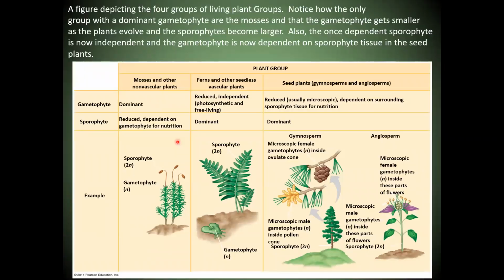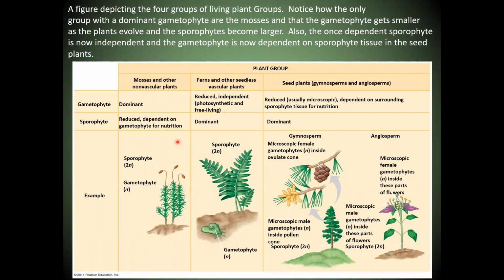So this picture is depicting the four groups of living plants that we have covered so far. And notice how the only group with the dominant gametophytes are the mosses, right? The gametophyte gets progressively smaller as the plants evolve, and the sporophyte in the most evolved plants becomes more dominant and larger, right?